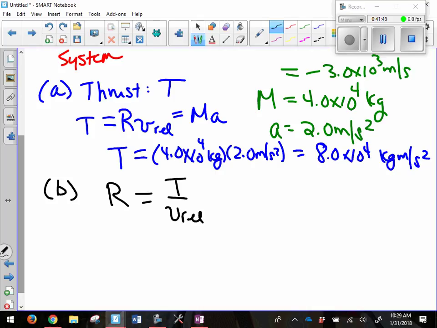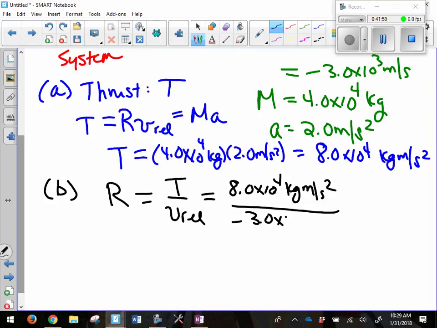T over V rel. So that's going to give me 8 times 10 to the 4th kilograms meters per second squared divided by -3 times 10 to the 3rd meters per second. Which gives us what?